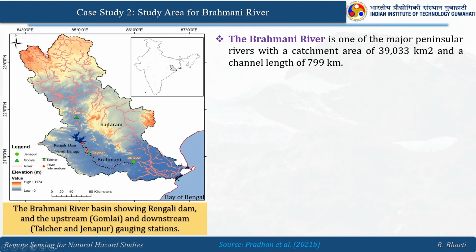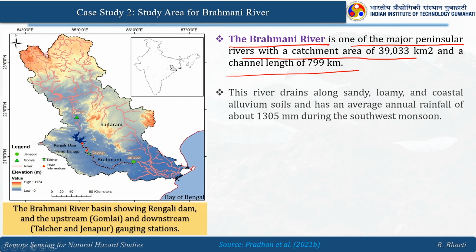So, for the peninsular river we have this Brahmani river as our study area. It is one of the major peninsular rivers with a catchment area of 39,000 square kilometer and a channel length of 799 kilometer.